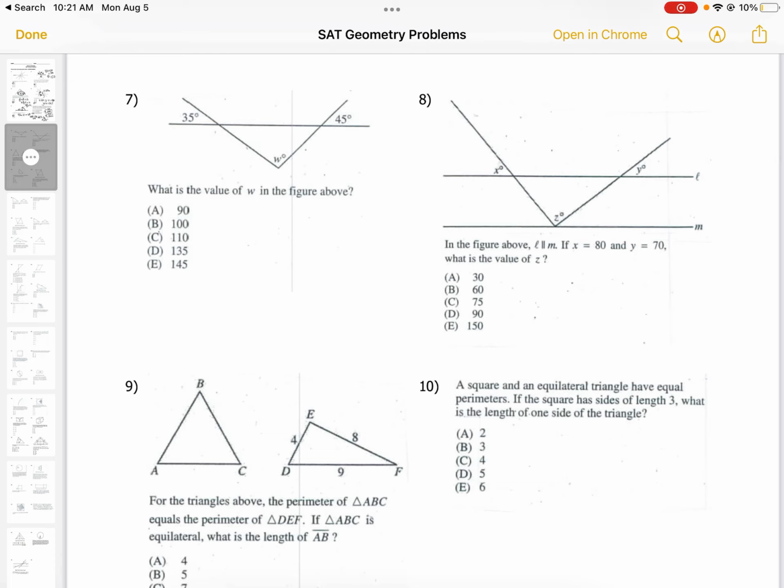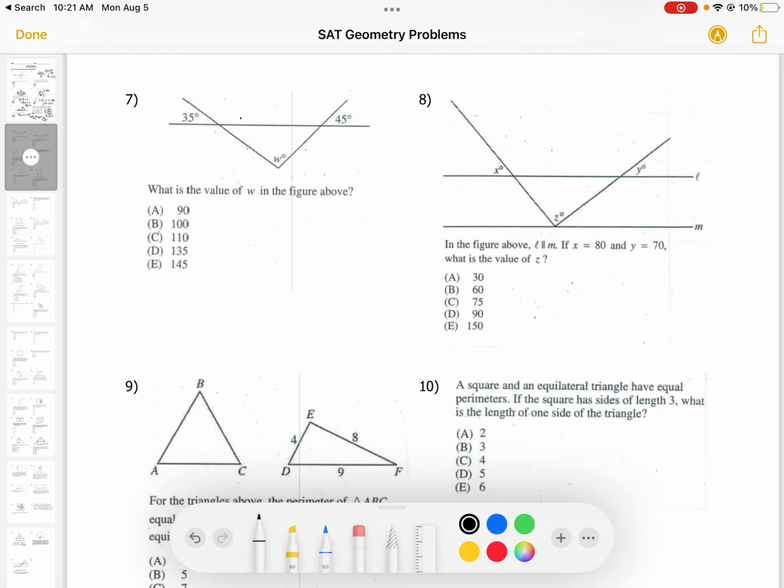Alright, number 7. What's the value of W? Alright, from the vertical angles theorem, we know this is 35, and that's 45. We know this angle, that's 35, and then this angle, that's 45.